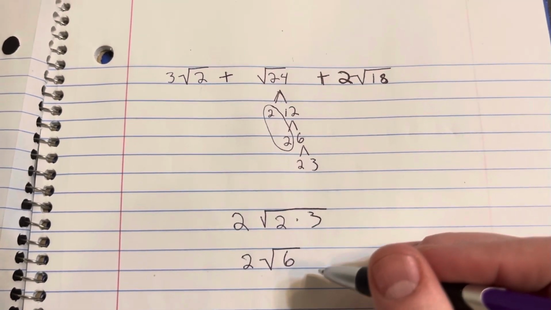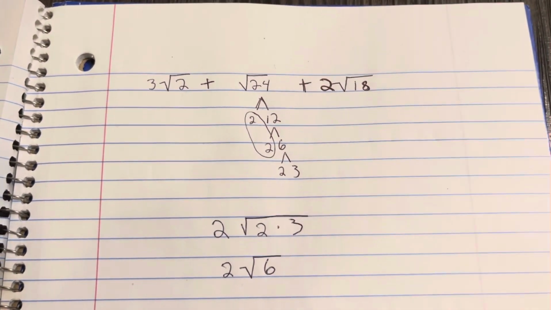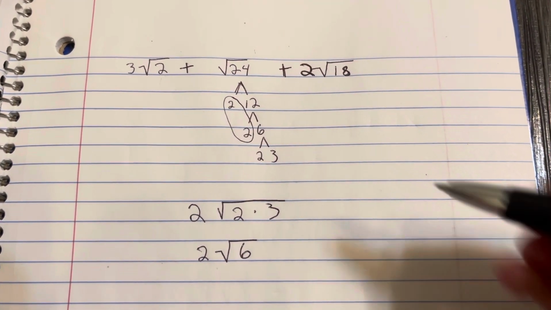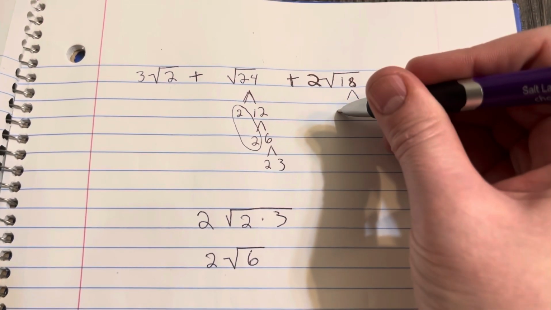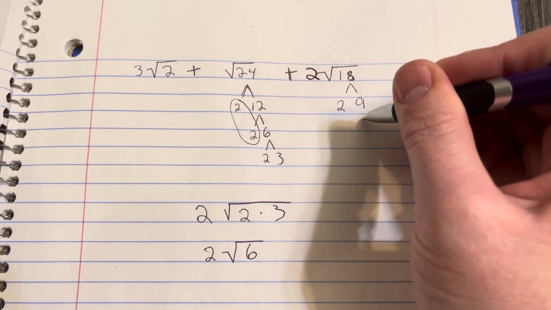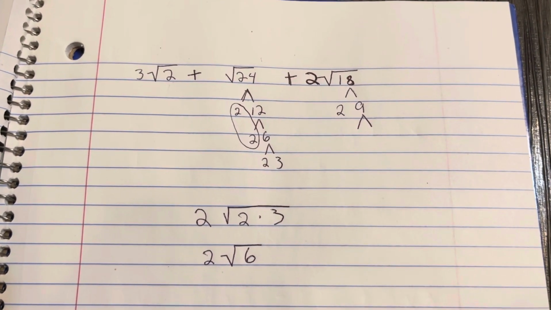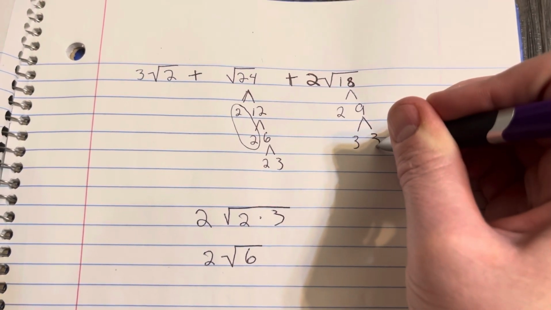Okay? Now let's go ahead and take a look at our third term, and let's simplify that one and see what that turns into. Okay, I'm going to take 18, divide it by 2, and I get 9. 9 does not divide by 2, but it does divide by 3 and give me 3.